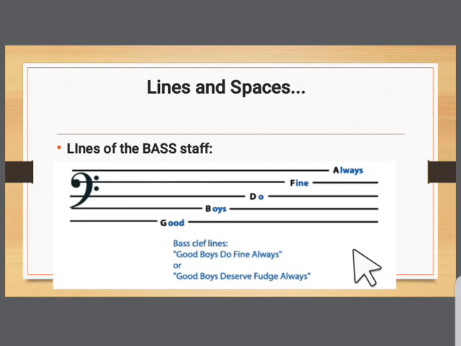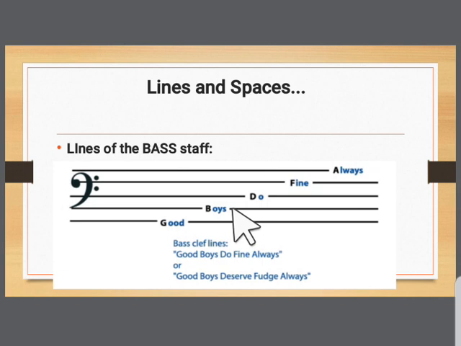For the bass staff, we know that the first line is G, the second line is B, the third line D, the fourth F, and the fifth A. So we will use "Good Boys Do Fine Always."